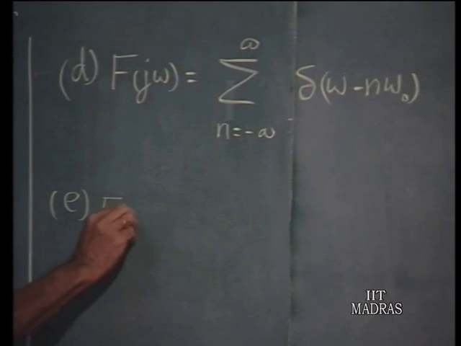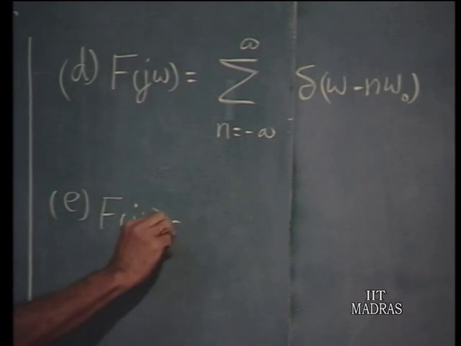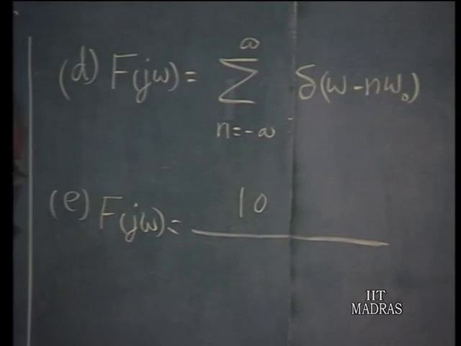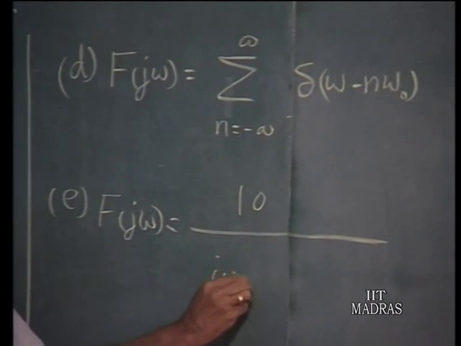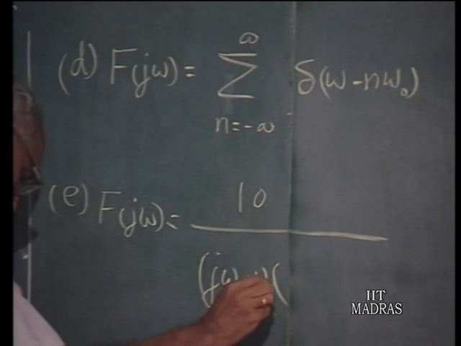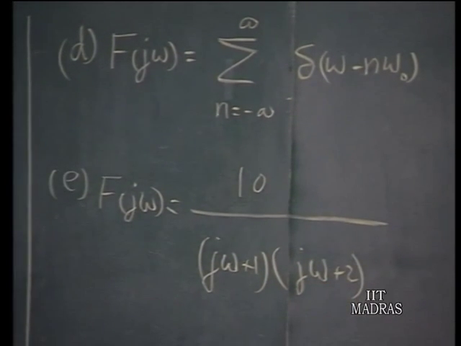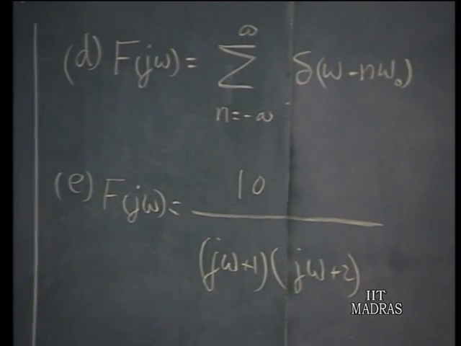E, F of j omega equals 10 upon j omega plus 1 times j omega plus 2. That is the third problem.